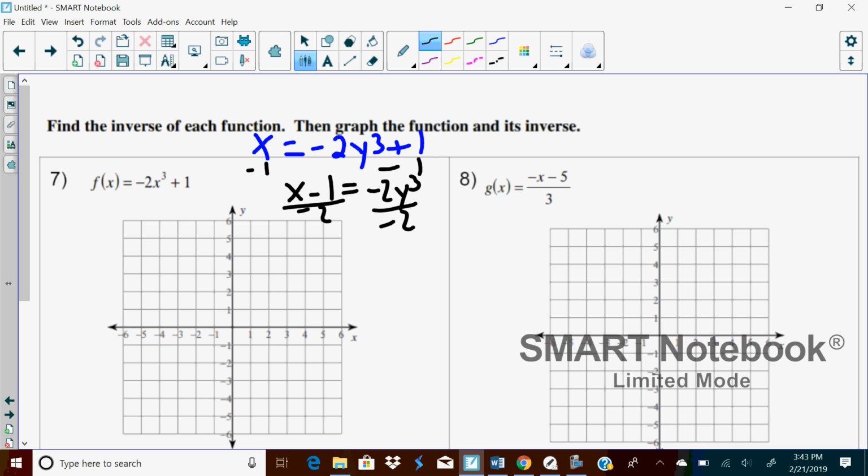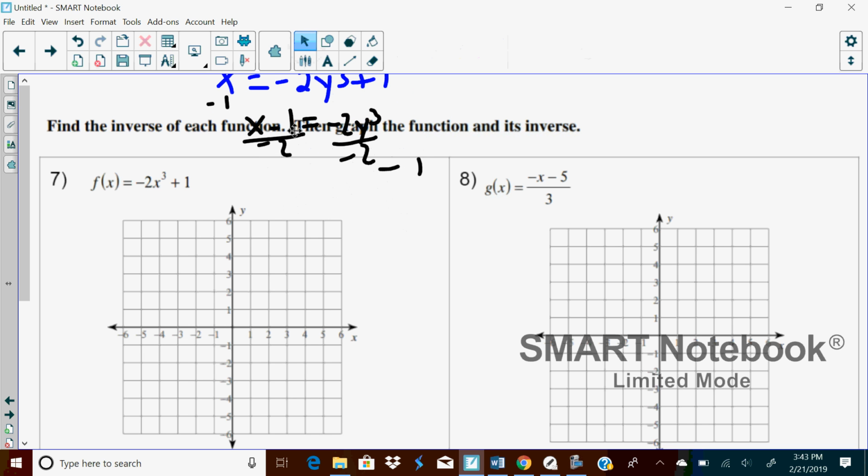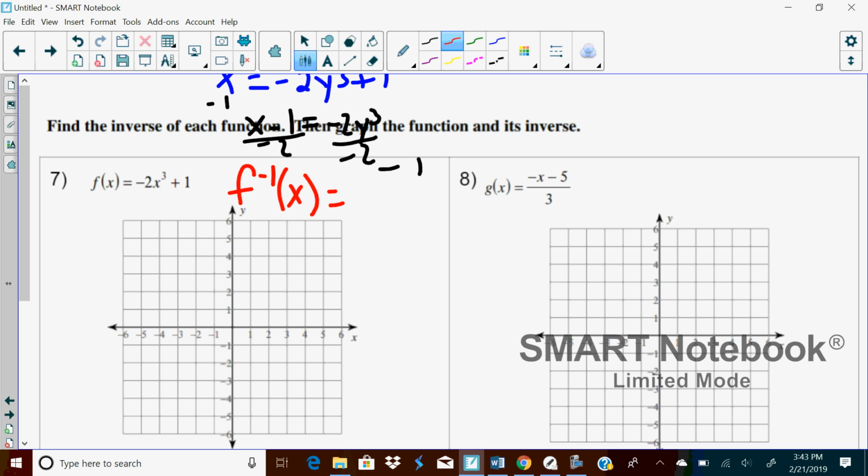So f to the negative 1 of x equaled the cube root of x minus 1 over negative 2.